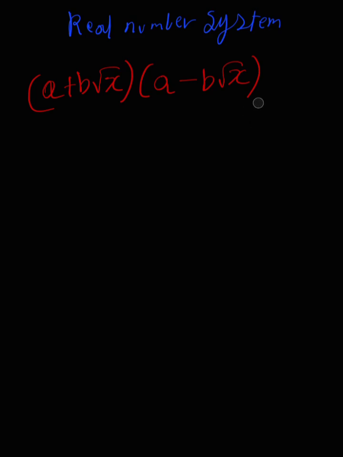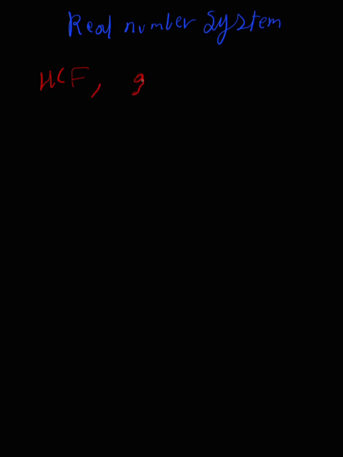Now let's look at some further things. We will now look at LCM and HCF. So what is HCF? HCF is the highest common factor. So let's say I have the numbers 8 and 9.